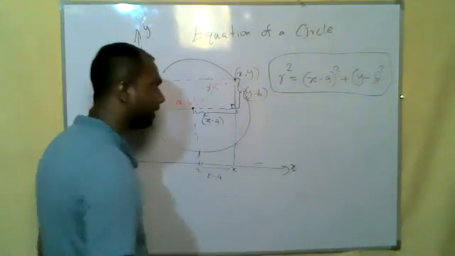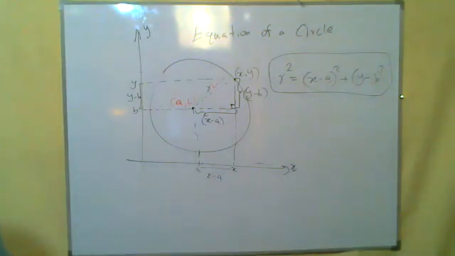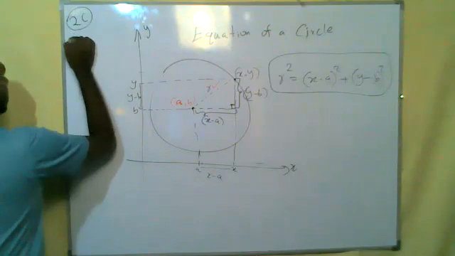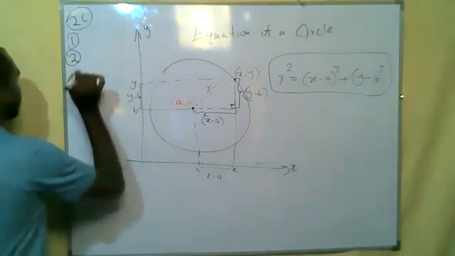It is the length of the radius. If you wrote this down, you can start working on exercise 2C, question number 1 and 2, everything.